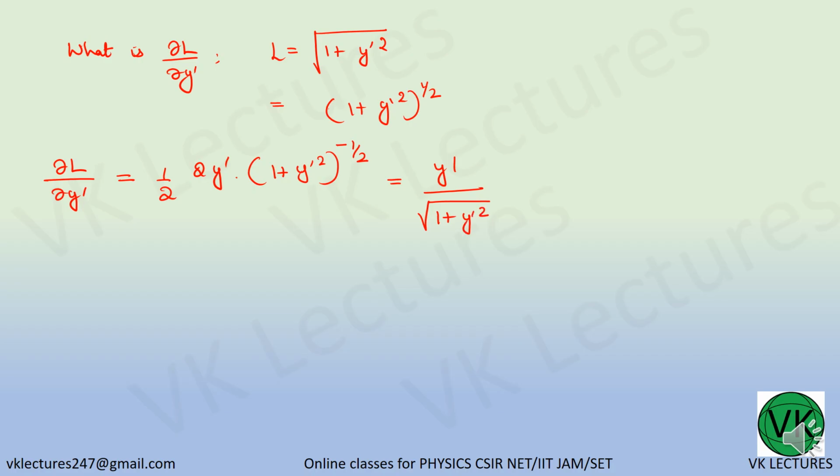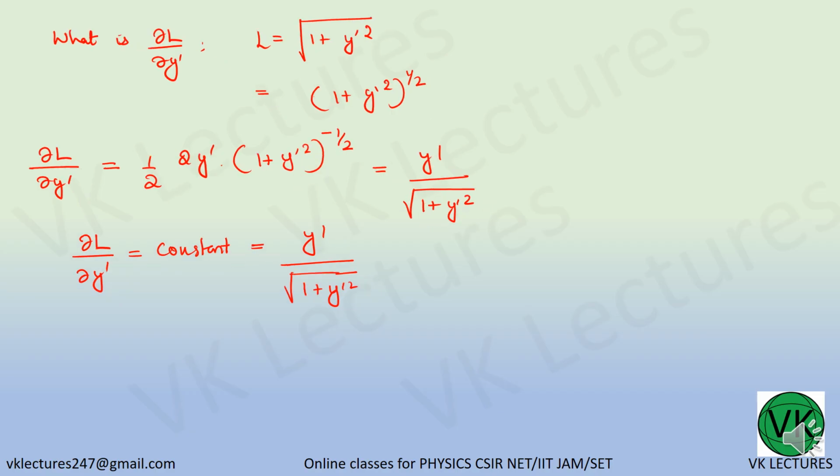So what we have just written, ∂L/∂y', is equal to some constant, and that constant is y' divided by the root of 1 plus y' squared.